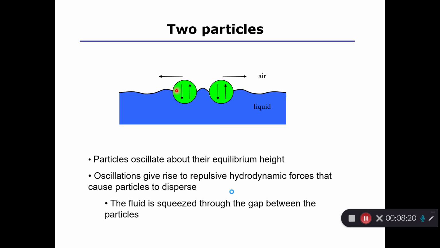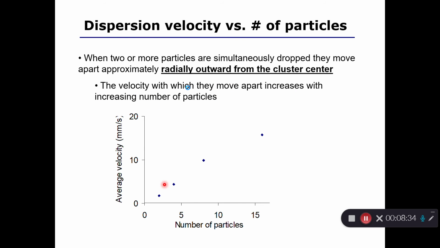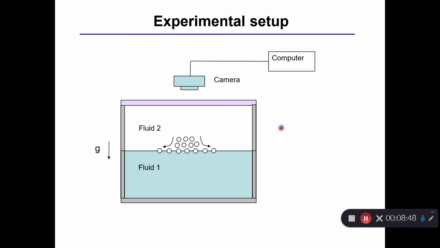Both undergo this oscillation, which basically induces a flow, and the flow moves the particles away from each other. And when we increase the number of particles, the velocity with which they are moving also increases. That's what we are seeing here. That is the reason when we have more particles, the dispersion is very explosive.